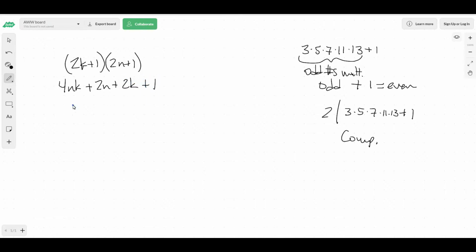Well, this is even, this is even, this is even. So when I add up all those even numbers, I'm going to get another even plus 1, which is an odd. So that's all that's happening here, just so you guys are aware.